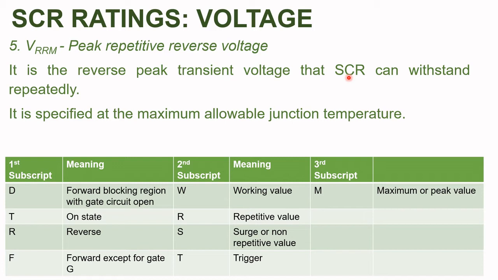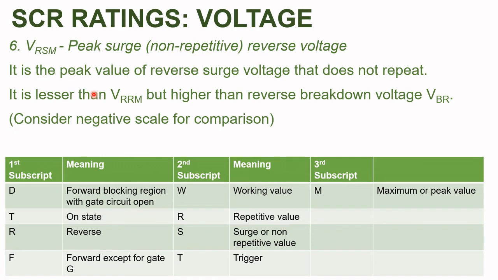So peak repetitive reverse voltage VRRM is given by the reverse peak transient voltage that the SCR can withstand repeatedly. It is again specified at the maximum allowable junction temperature. Keep in mind that almost all transient ratings are specified at the allowable maximum junction temperature.